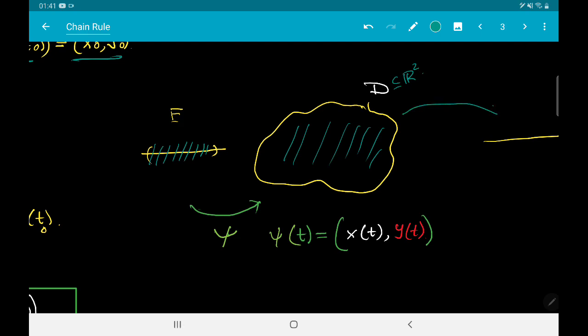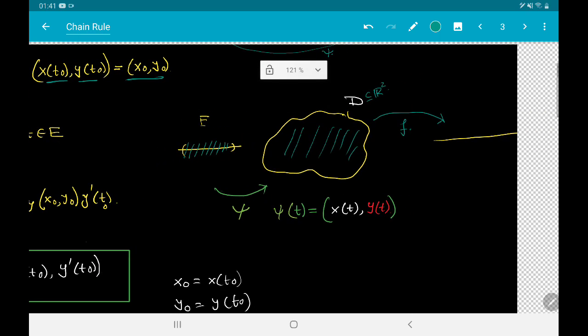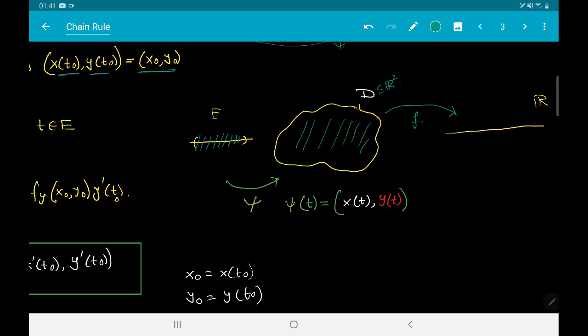Recall that we always have a function f from D to R. So we have this map psi of t given by (x(t), y(t)), and for all t in E, its image is a subset of D. Then the composition of this function f and psi, f composite psi, makes sense.